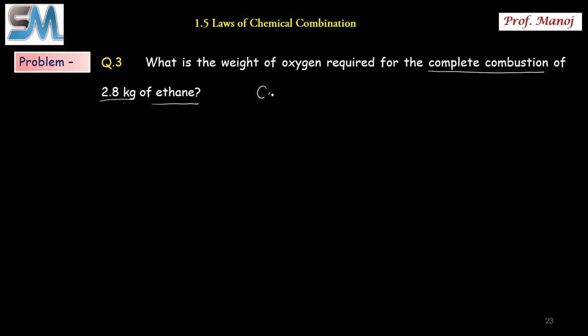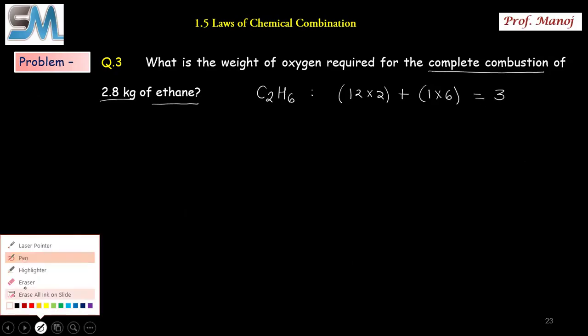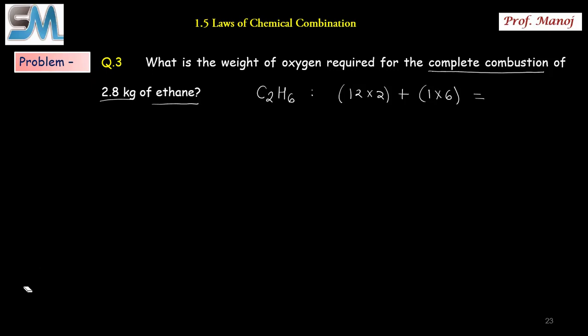If you know your organic chemistry, ethane is C2H6 and the molecular weight is going to be 12 into 2 plus 1 into 6. So compound given here is ethane, so this is going to be 30 gram.